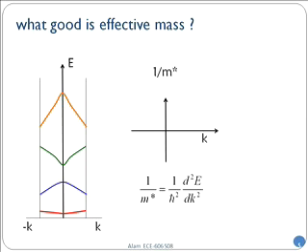Now, if it's varying all over the place, it wouldn't have been a very useful concept, except that you realize that although it varies, let's say corresponding to the red band, this is the effective mass, or 1 over. For the blue, which is the hole band, it goes negative, and similarly for the green and the other one, the third and the fourth one.